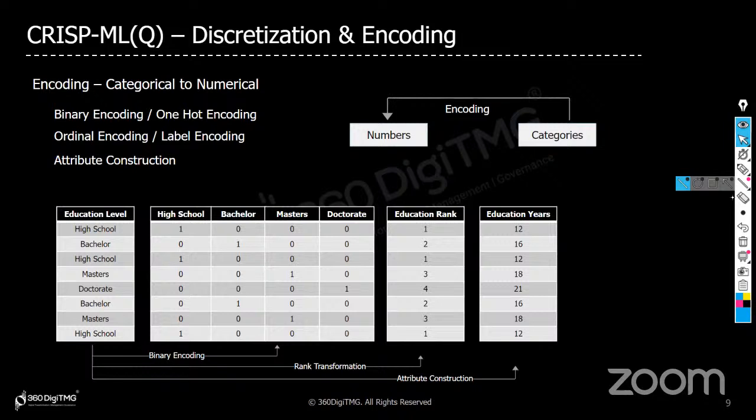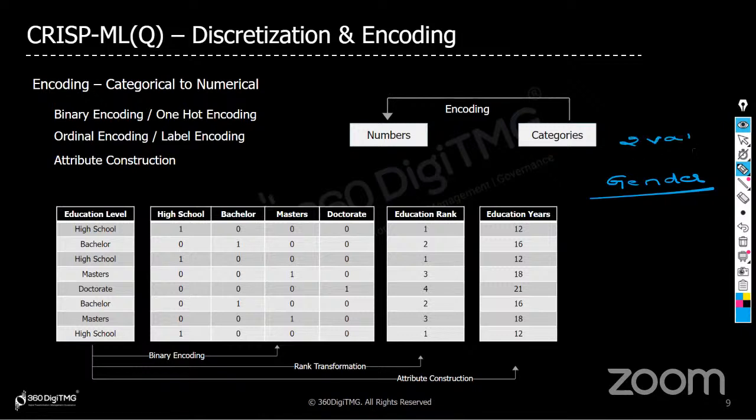If you have n levels in your data, what is n levels? Okay, let me tell you. Suppose there is a column which we have taken before, which is gender. The gender column has the possibility of only 2 values. It may be either male or female, but it can't be any other thing, right?